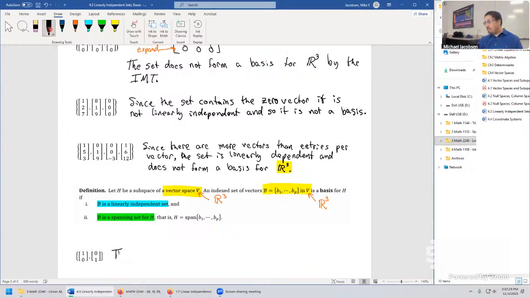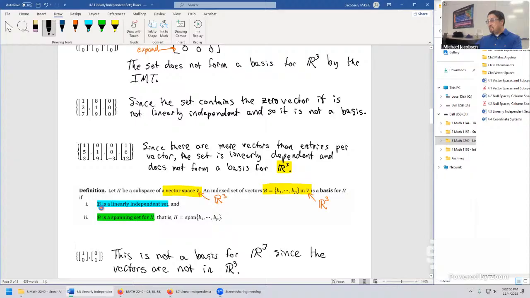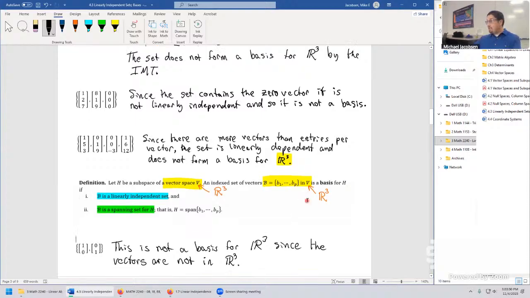We can say this is not a basis for R3 since the vectors are not in R3. So it's a tricky one because, yeah, they are independent, they span R2, but the question isn't relative to R2, it's relative to the full vector space R3 itself.